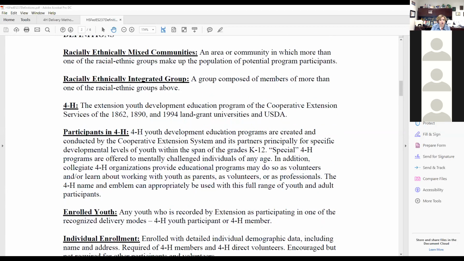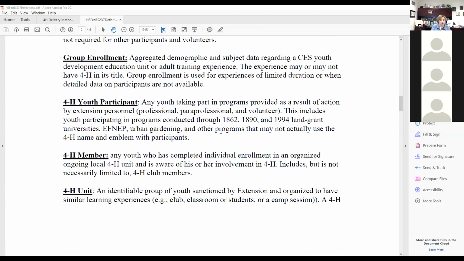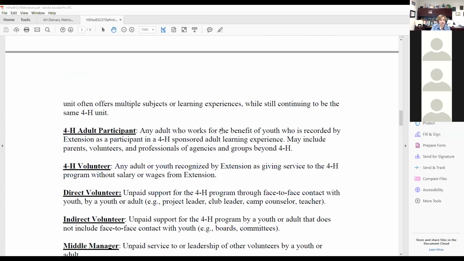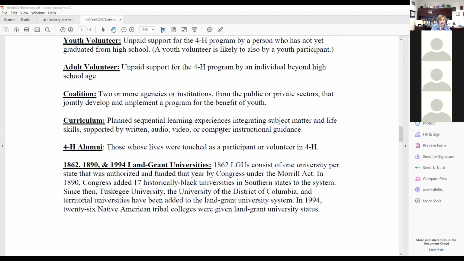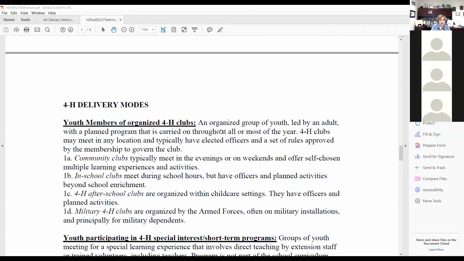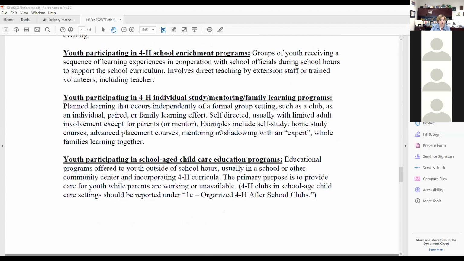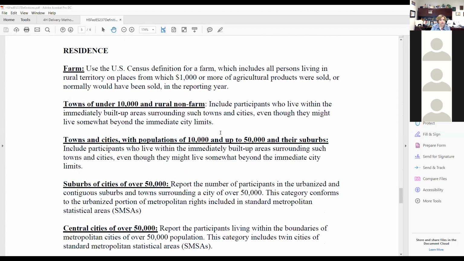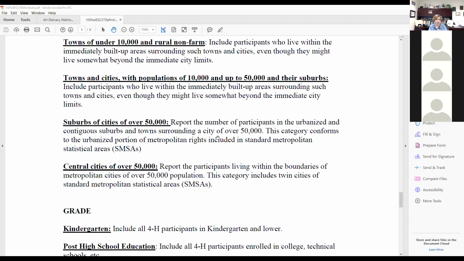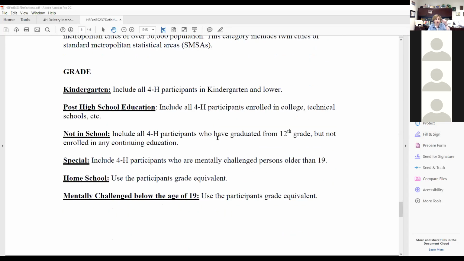The one that I want to briefly talk about is, I don't think it's in here. It's got the definitions of the programs. Oh, it's not. Okay, the residents, I think we're pretty good about that. I mean, people kind of know where they live. Oh, grade, that's where I wanted to.